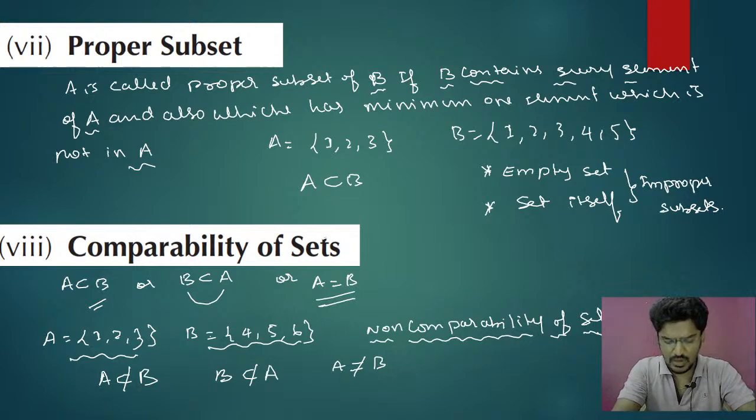Okay, I think all of you have understood this. Comparable means they have to be either subset or equal, then only we can compare. If they are not a subset and not equal, we can't compare them. Clear? So therefore we say them as non-comparability of sets.